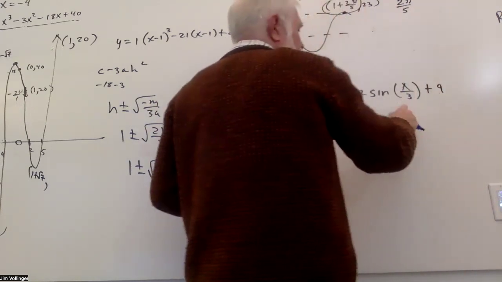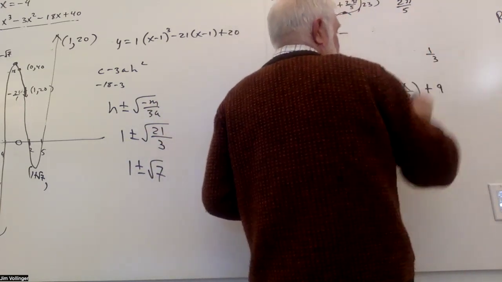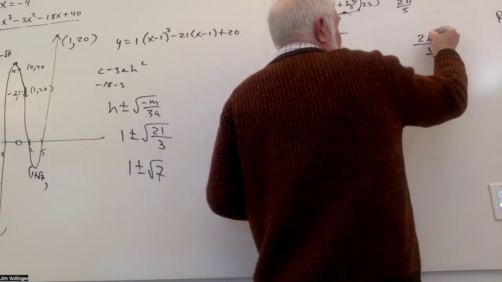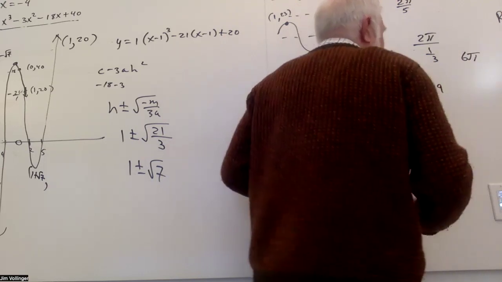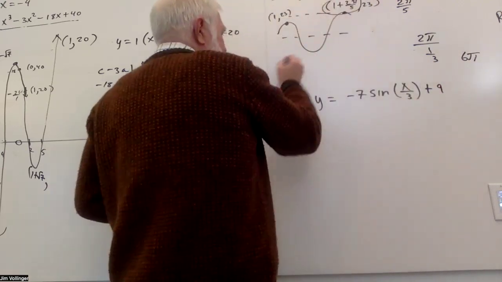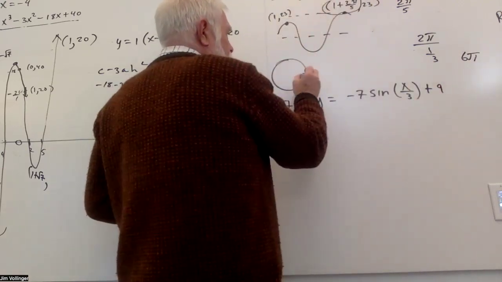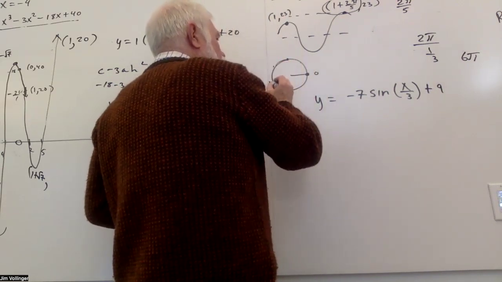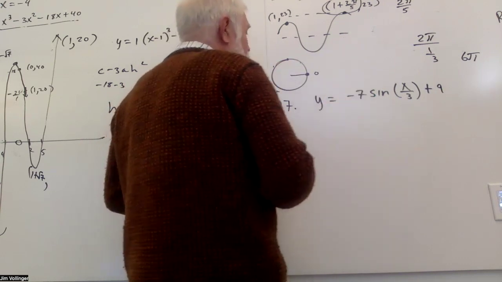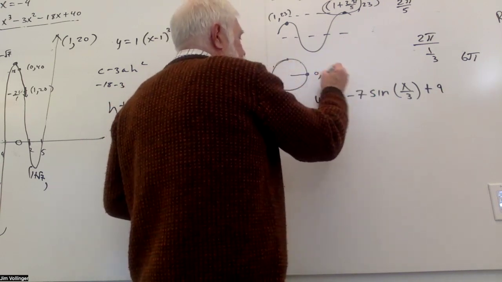So what am I multiplying x by? 1/3. If I divide that into 2 pi, the period of this function is going to be 6 pi. So all I need to know is where to start. The sine function measures height, and if I don't do any walking around the circle, if I'm not moving my angles around, then there's no height.